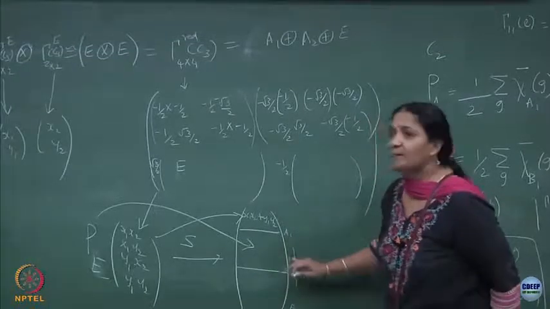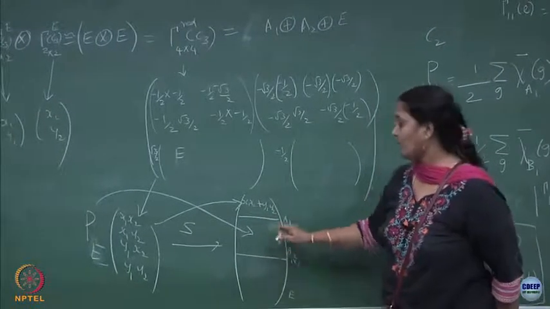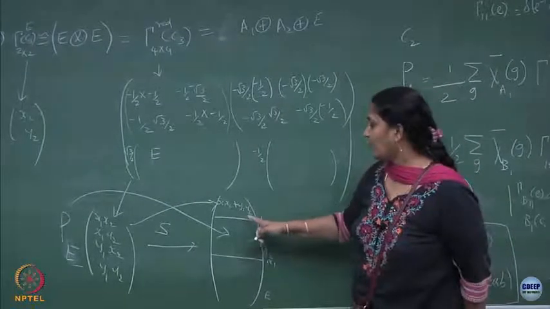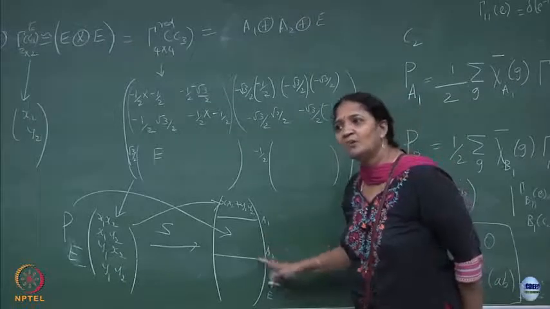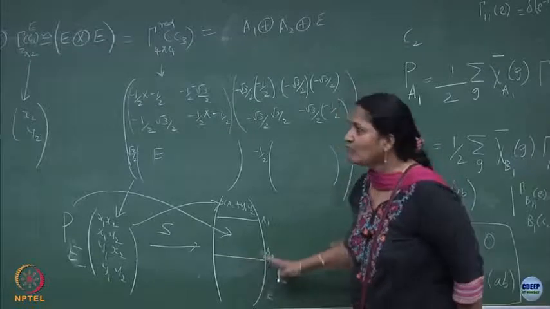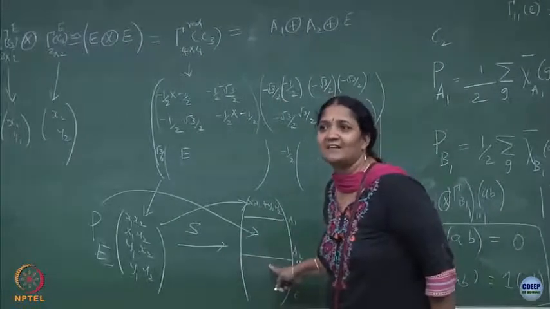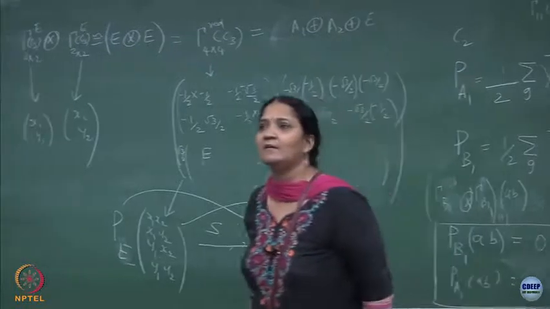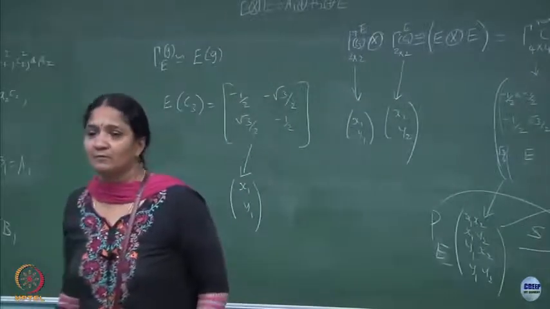The corresponding matrices will be block diagonal, with the first block as 1 cross 1, the next one is 1 cross 1, but it belongs to a different irrep. If it is 1 cross 1, you can look at the character table and see that it has A2 character entries, and then the last one will be the conventional 2 dimensional irrep.